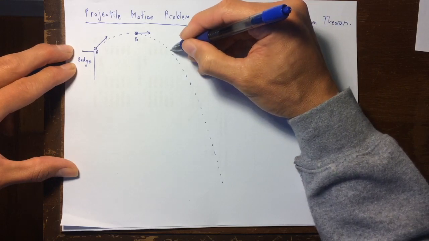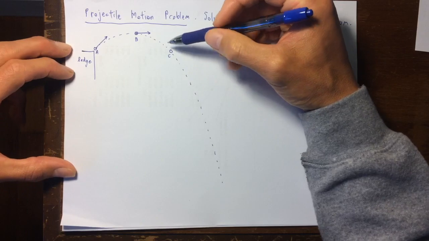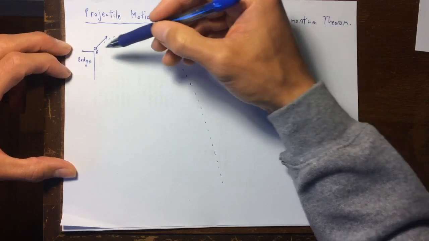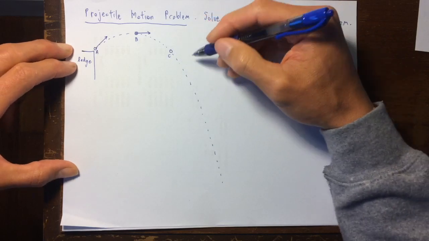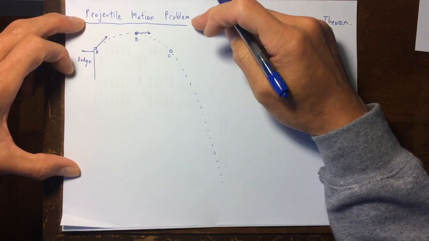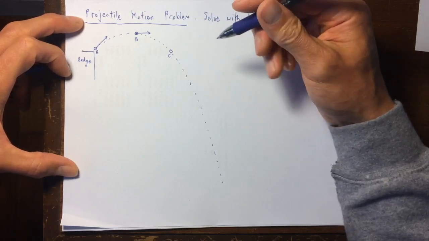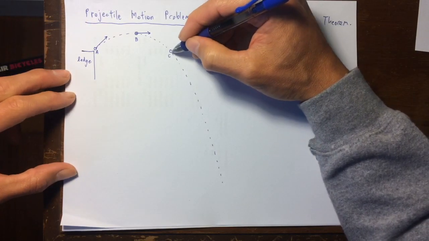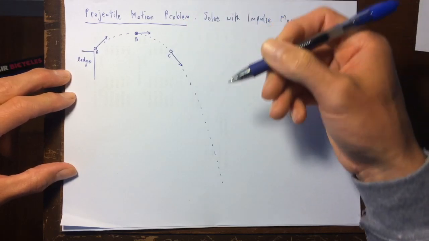Here is a special time called C. It's the moment in time that the little projectile is at the same height that it started with. You'll see that neither of the problems that I'm going to describe solving have anything to do with C, but I just put it in there in case I bring up some detail about it.